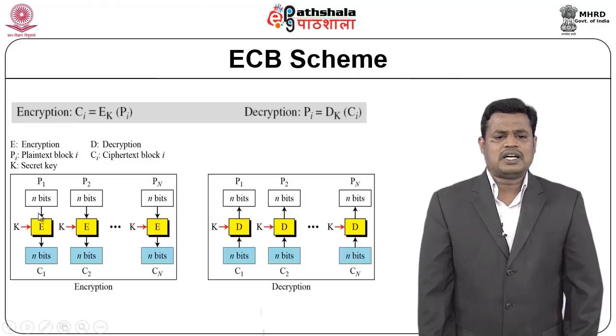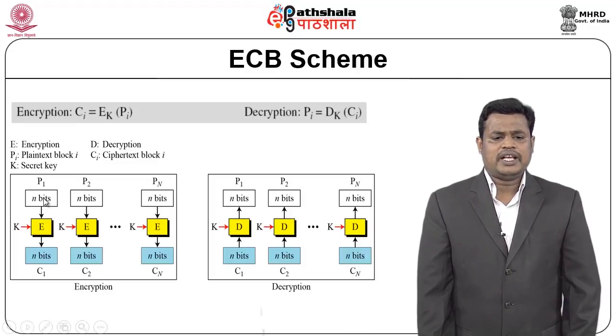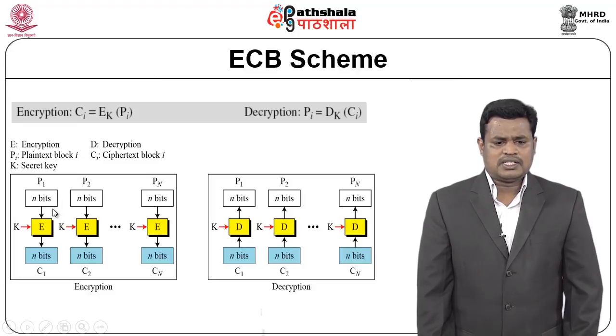For example, for the DES algorithm it is 64 bits, whereas for the AES algorithm it is 128 bits. So this n bit represents a 64-bit block. Similarly, this is another 64-bit block. Like that I have n number of 64-bit blocks.